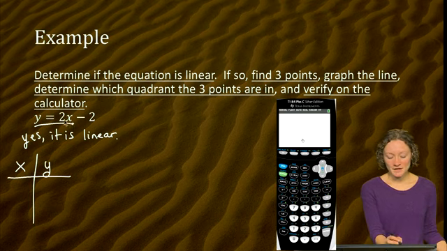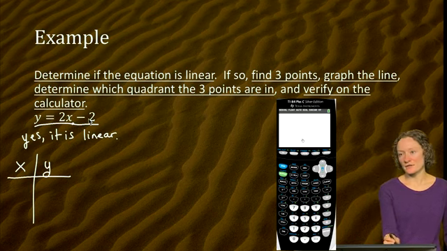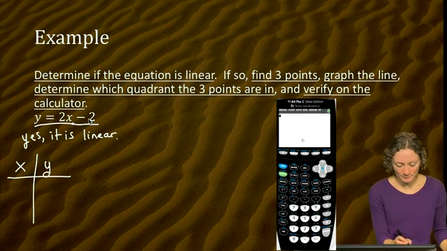For me, I think it's easier to plug numbers in for x. If we plug numbers in for x, we're going to multiply and subtract to get a corresponding y value. If we plugged in for y, we would have to add 2 to both sides and then divide by 2. So truthfully, it's 2 steps either way, but it looks a little easier if everything is on one side. So I'm going to go that route.